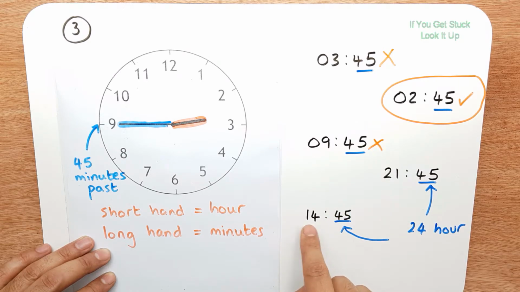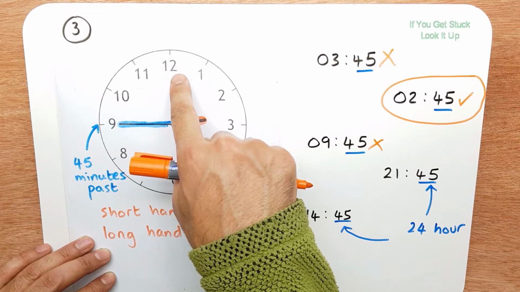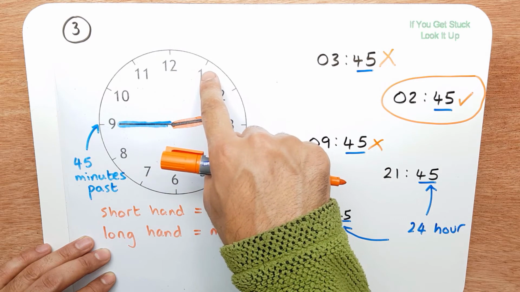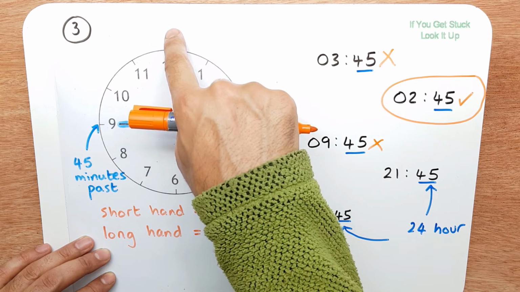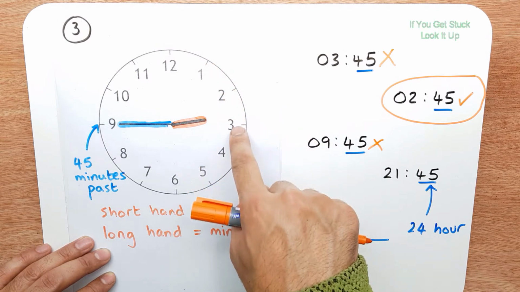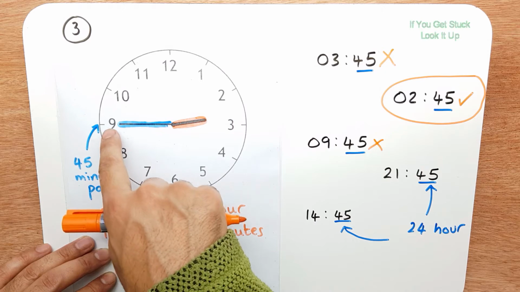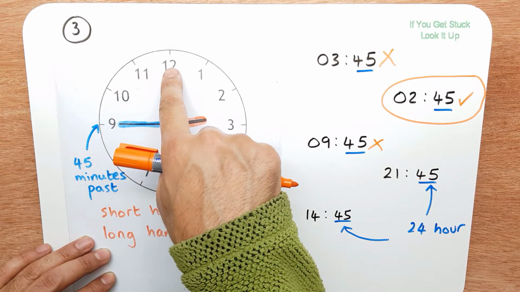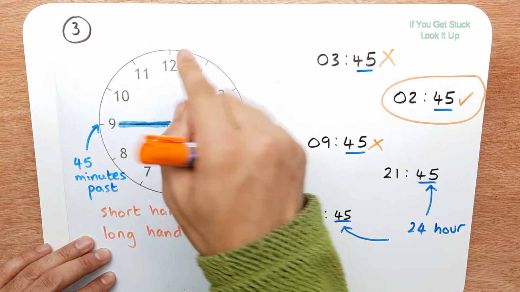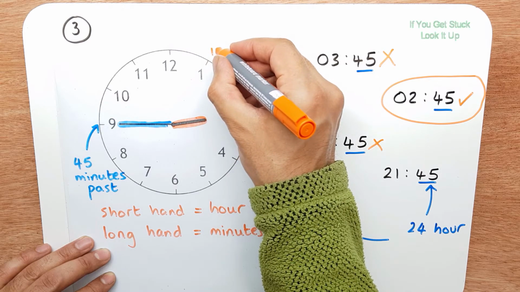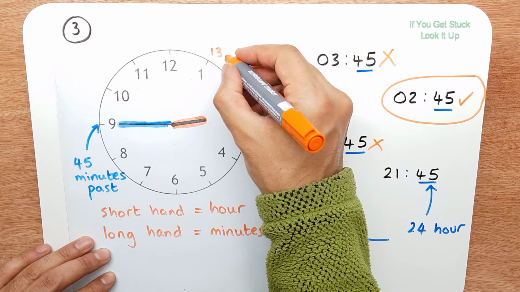21 or 14? So in the 24-hour clock, we start at 0 here and we go 1, 2, 3, 4, 5, 6, 7 in the morning, 8, 9, 10, 11, 12 midday. And then after 12, it becomes 13 o'clock.